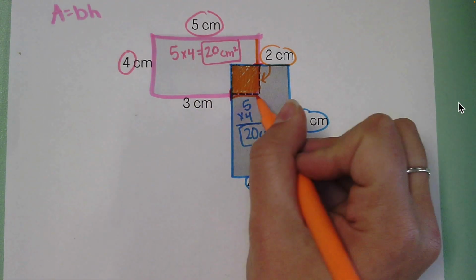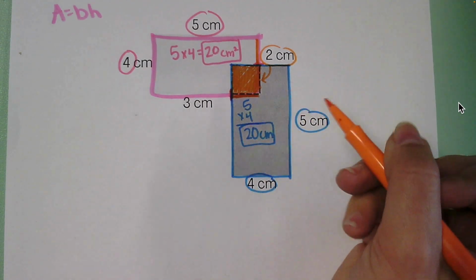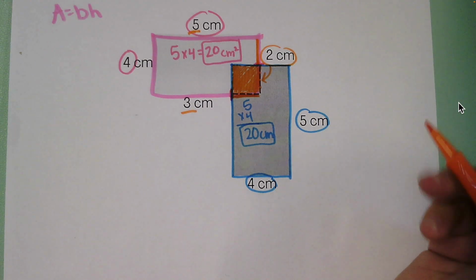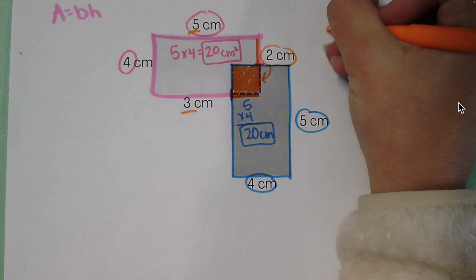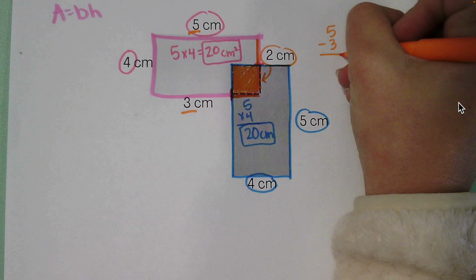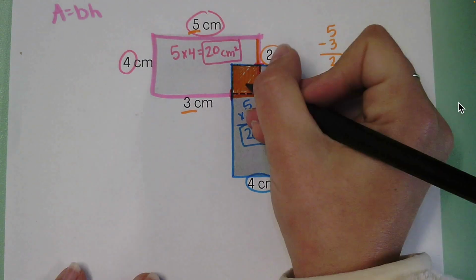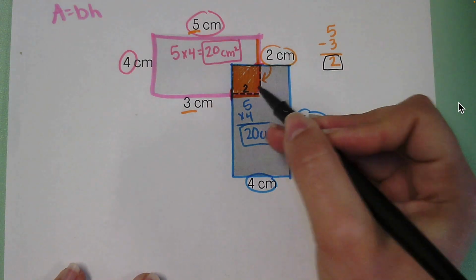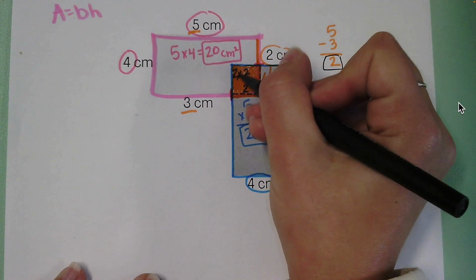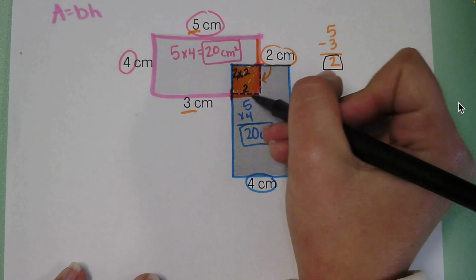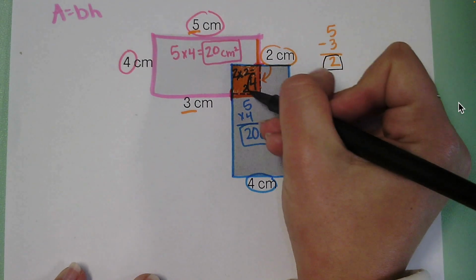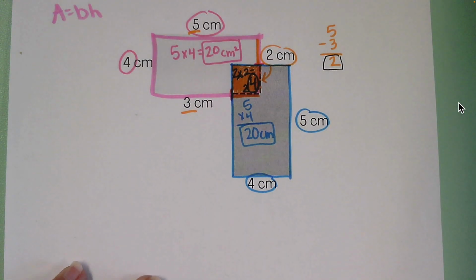So for just this little point, I need to look at my 5 and my 3, and I'm just going to subtract them. So 5 take away 3 gives me 2. So I have 2 and 2. Let's do 2 times 2, and that's going to give me 4. So this square is 4.